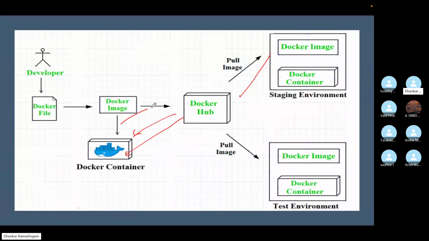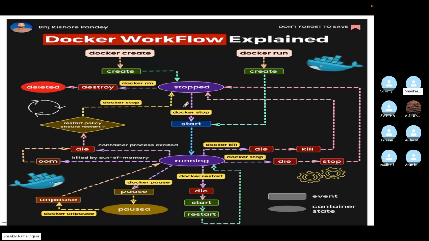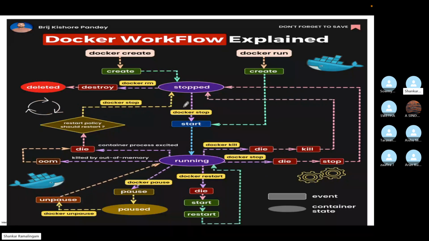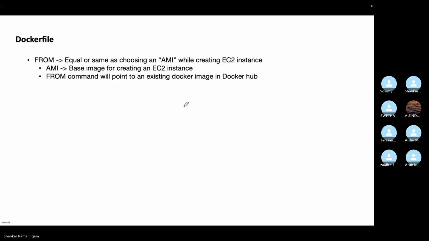When you want to push something to the Docker Hub, you have to do a Docker push. So this probably you require some more time to understand. We'll talk about this later.